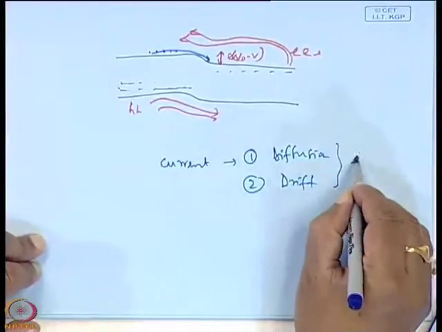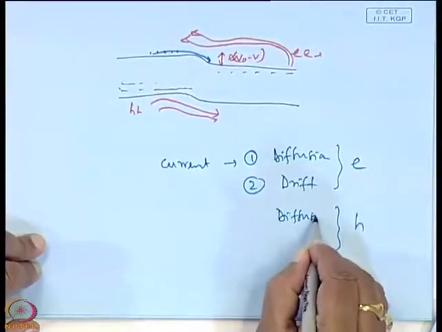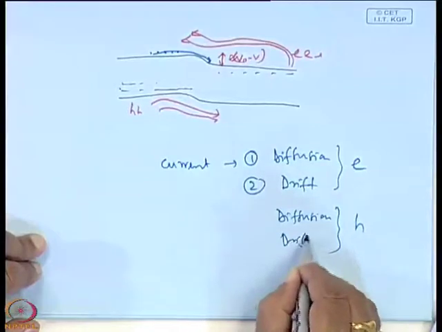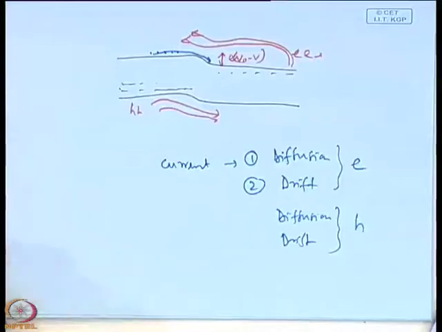Similarly, it will be for electrons. For holes also there will be diffusion and there will be drift. So, electrons will have two components, one is diffusion current and another is drift. Similarly, holes will have two components, diffusion and drift.